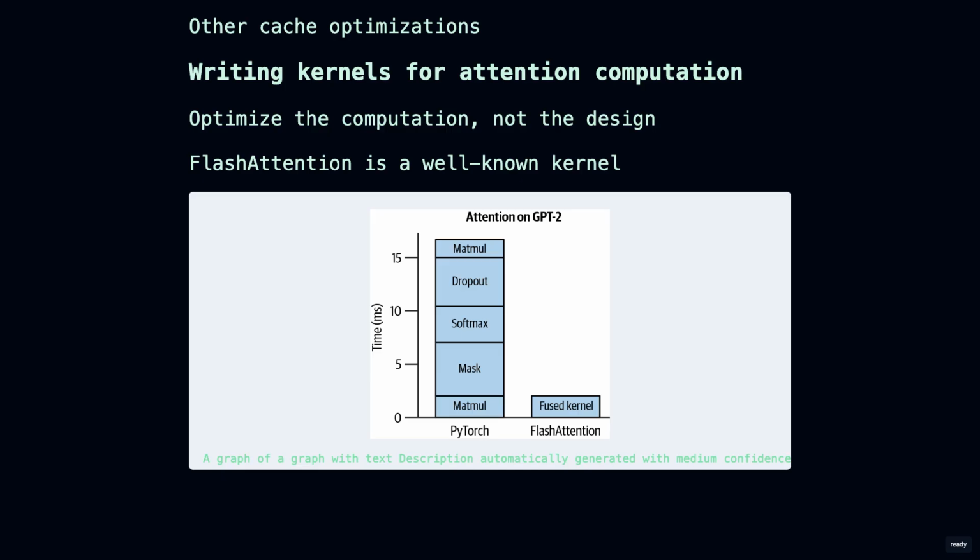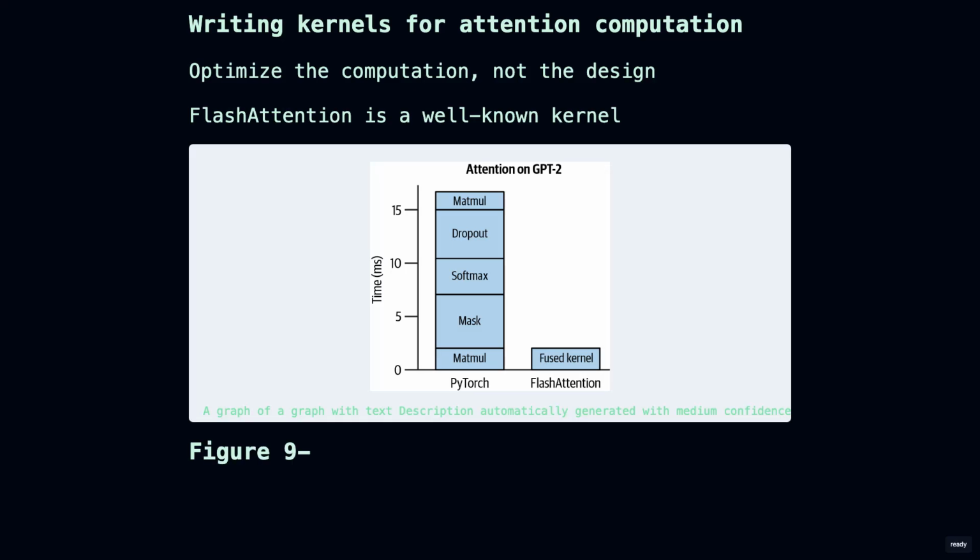That fusion is what improves performance. This caption reminds us that the figure is illustrating operator fusion inside the attention pipeline. The main takeaway is that fewer separate steps often means better speed.